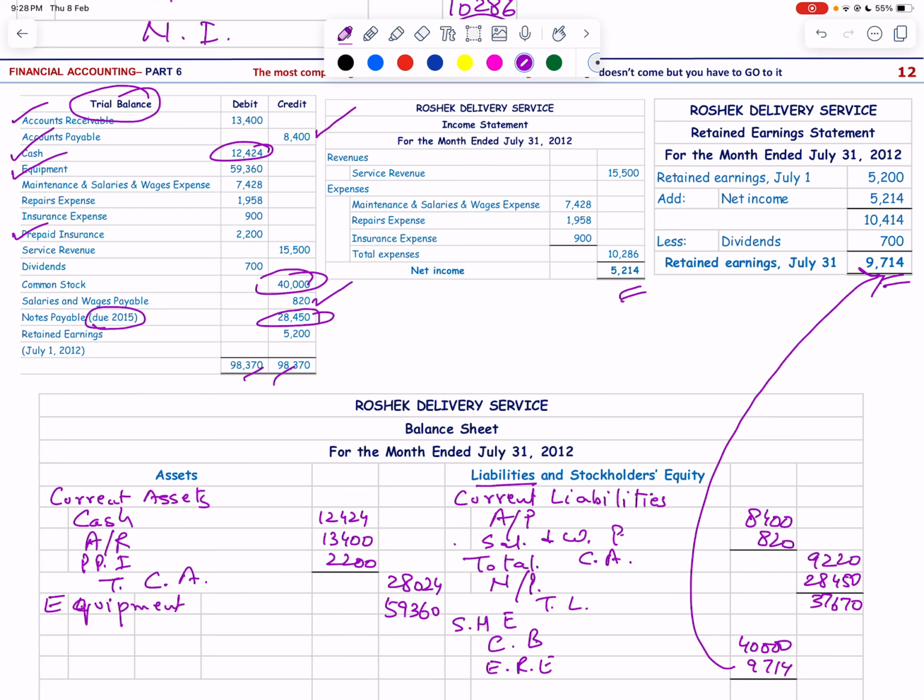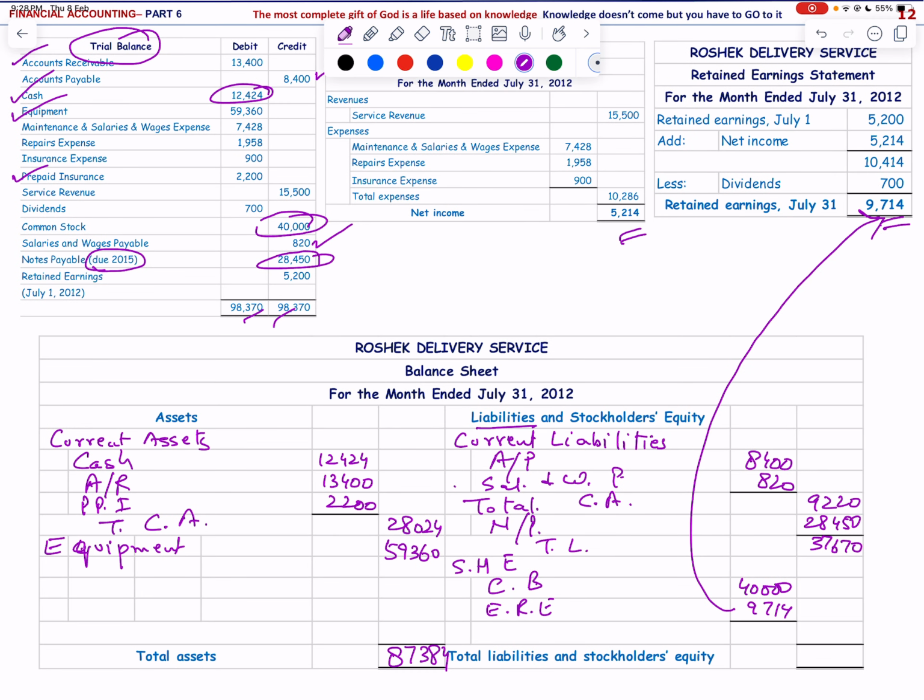Now we make the total. Sorry, the total will be 49,714, and the total for the liabilities and stockholder equity is 87,384, and the two totals are equal. So mathematically the balance sheet is correct.